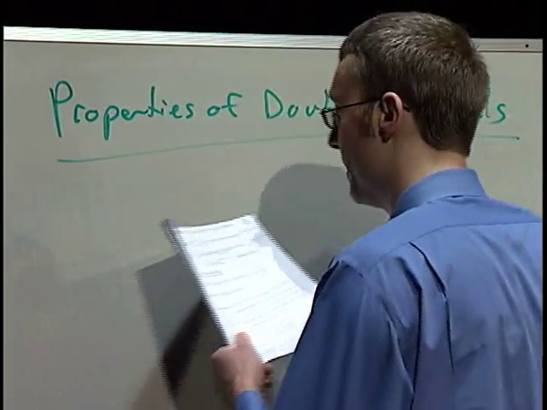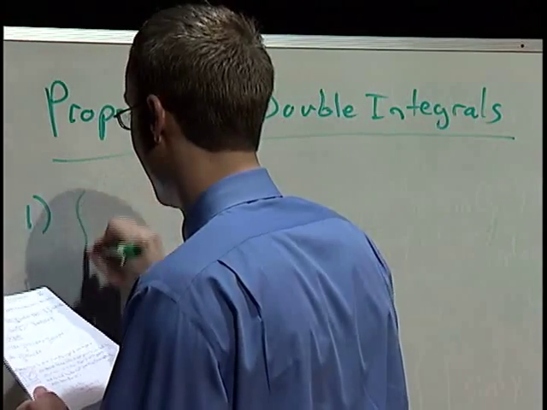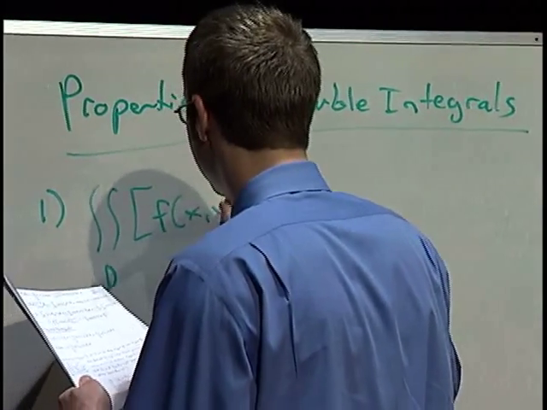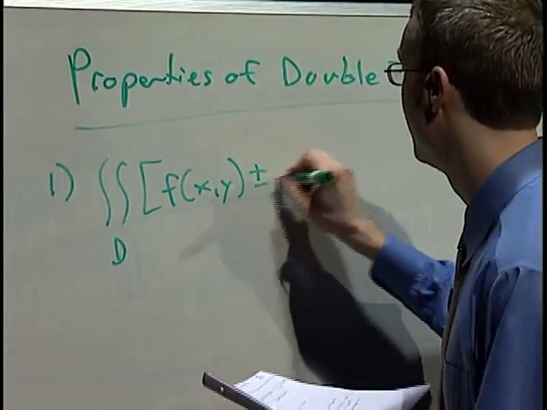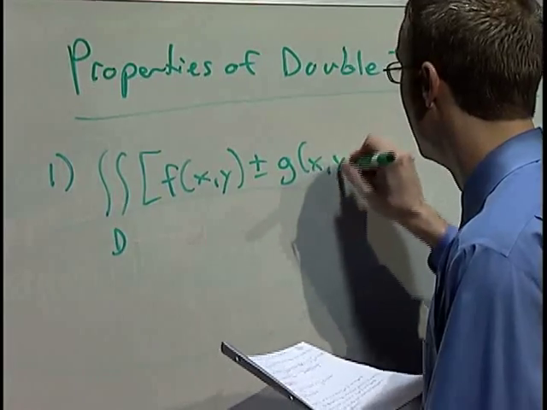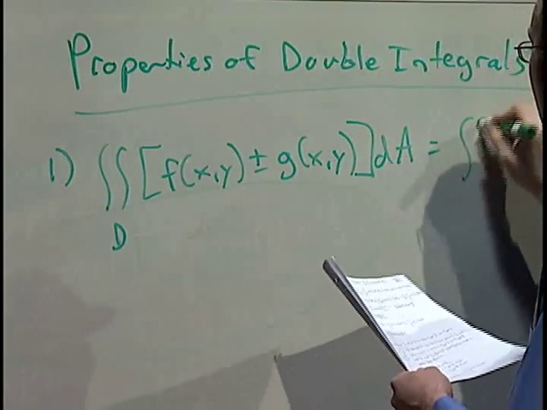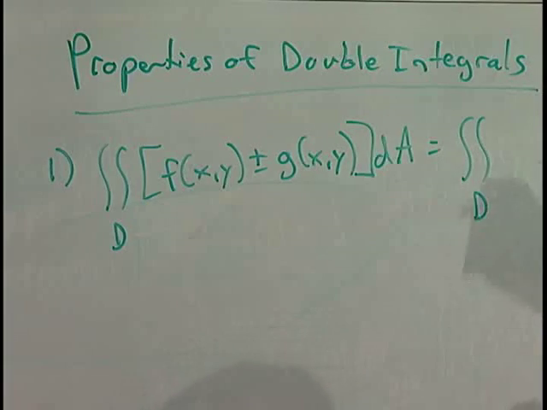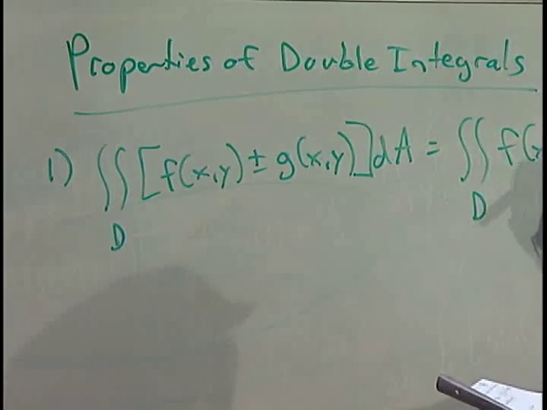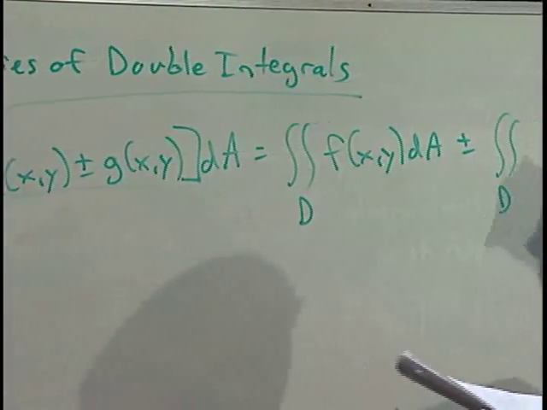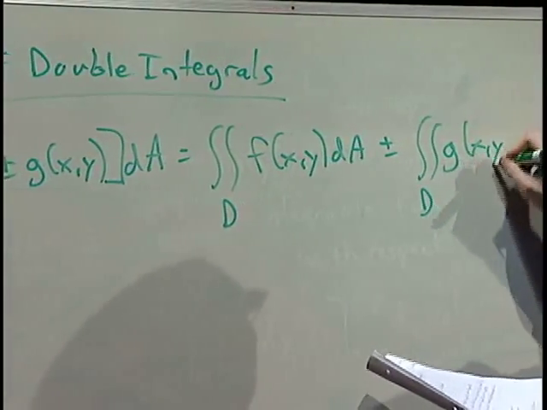All right, excuse me. So let's see here. We get double integral over D. Well, this is basically analogous to the single integral case when you have the sum or difference of two functions, right? Then it's just the sum or difference of the two double integrals.